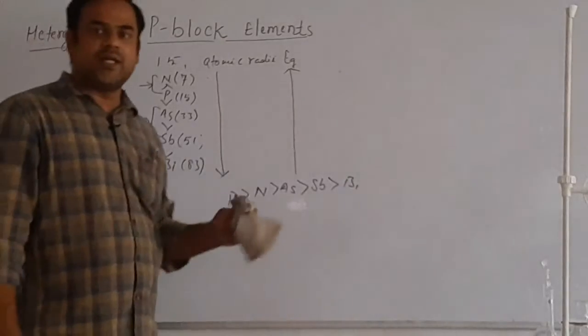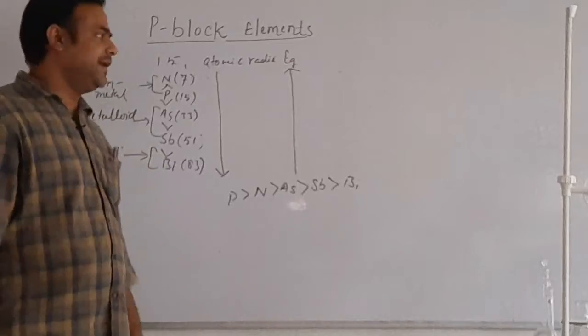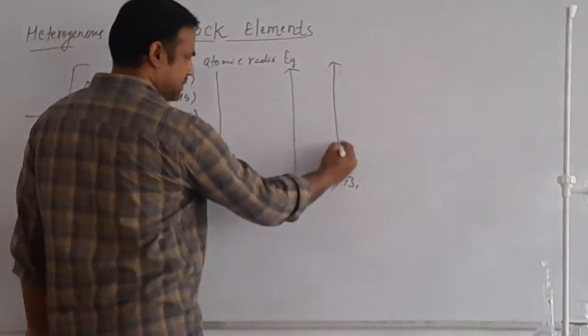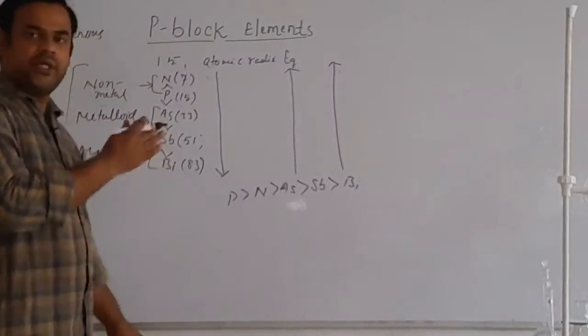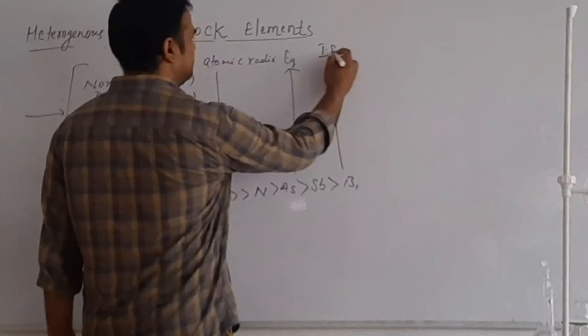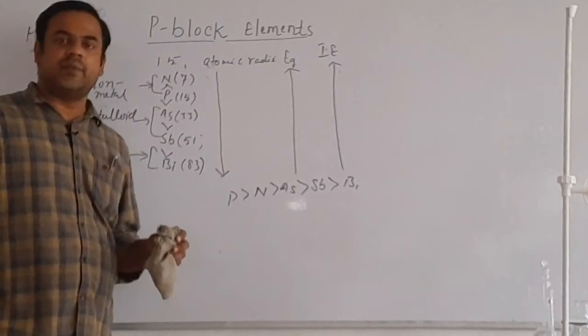As far as ionization energy is concerned, when we move down the group, ionization energy decreases. So we'll write the order of ionization energy like this. There is a direct relationship between ionization energy and metallic character.